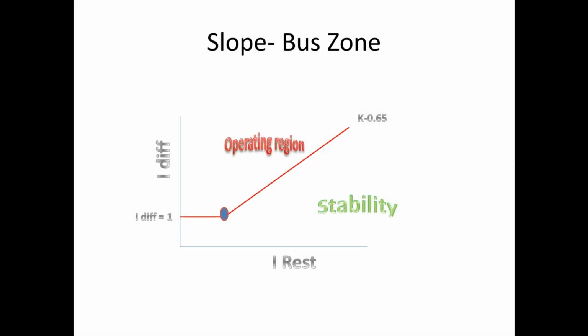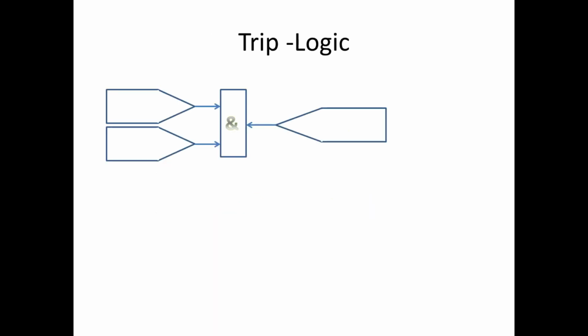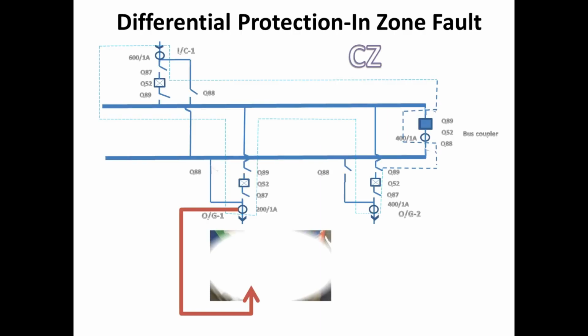This is the point where our tripping region for bus zone 1 picks up, and for check zone this is the point where check zone also picks up, that is 1.32. So both operated. Zone 1 operated, check zone also operated, so definitely zone 1 is going to give a trip command.